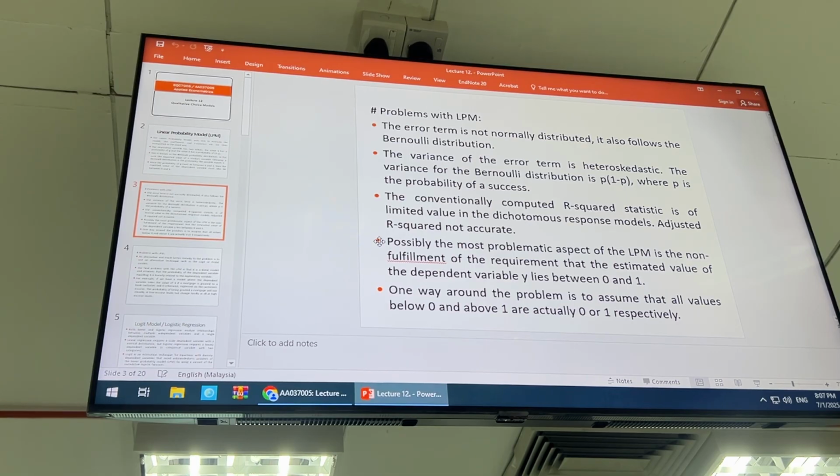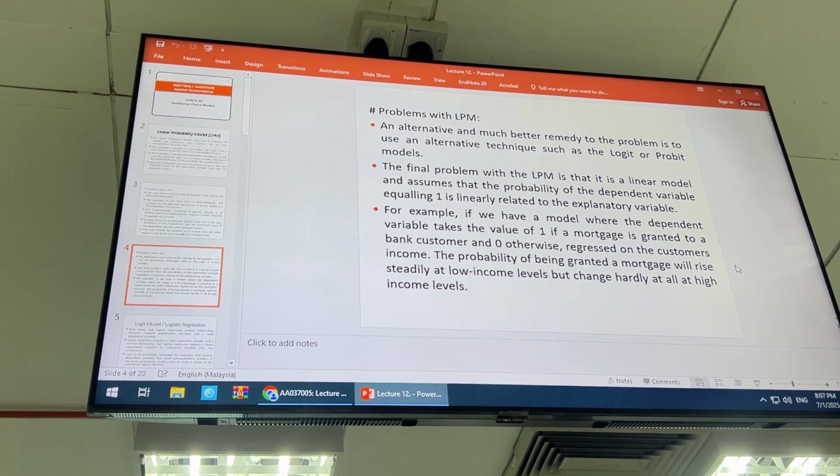As a solution, if you get a fitted value less than 0, you just assume it is 0. If you get greater than 1, just assume it is 1. But it's not the best way.